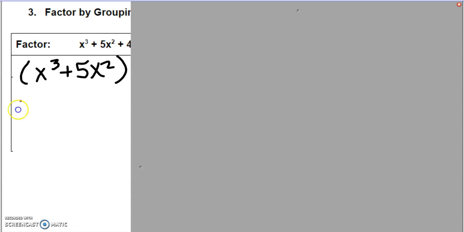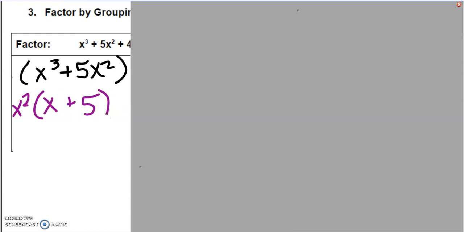And how many x's could I take out of each? The first one has x cubed, 3 x's, and the second one has x squared, 2 of them. So I could take at most 2 from both of those terms. And when I take an x squared out of x cubed, I'll be left with just x. And when I take an x squared out of 5x squared, I'll be left with 5.